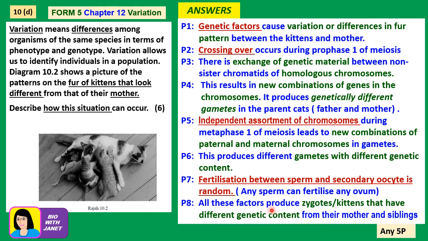Now, all these three genetic factors produce zygotes and offspring that have different genetic information from the parent, from the mother cat, and also from the siblings, because of the genetically different gametes that are formed. So any 5 points here to get 5 marks. There are many points for you to get the 5 marks.